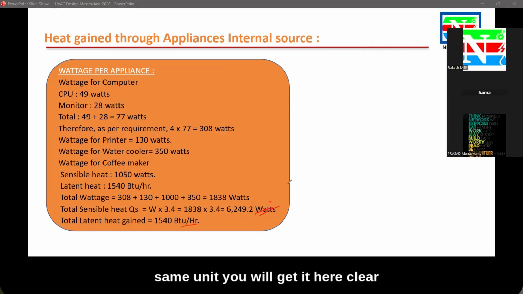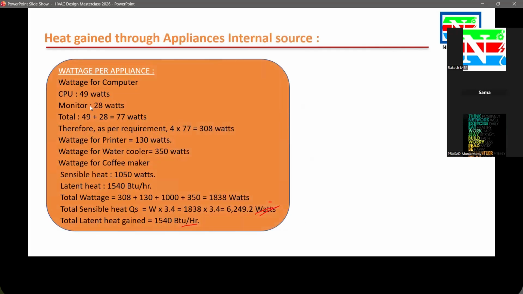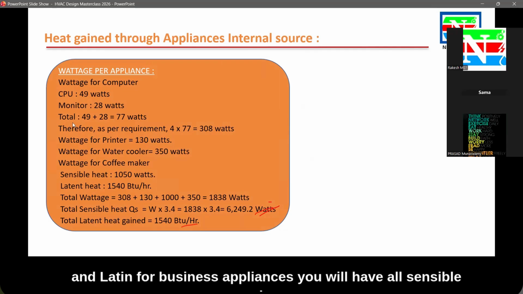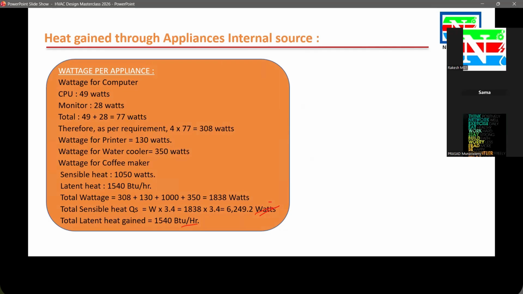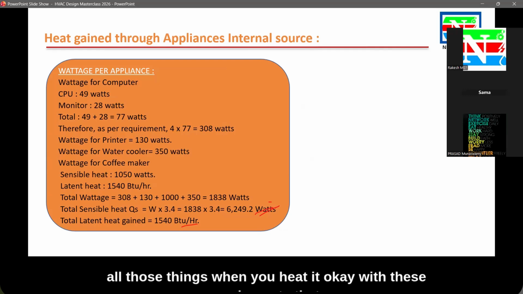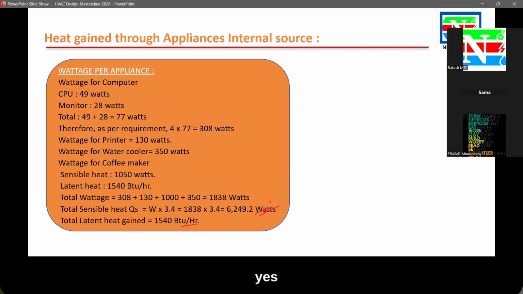Once you get the sensible and latent, you can apply that. For kitchen appliances, we'll have sensible and latent. For business appliances, we'll have all sensible. Why sensible and latent? Latent means it will convert into a different phase when you heat it, with these equipments. That is the reason we have latent heat. But for business appliances, you don't have any latent heat. Clear?